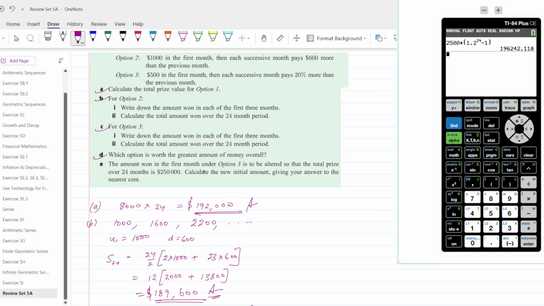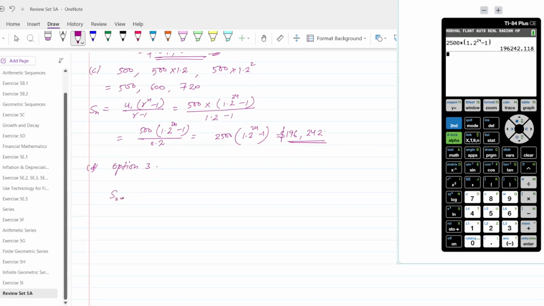The amount won in the first month under option 3 is to be altered so that the total price over 24 months is $250,000. Calculate the new initial amount, giving your answer to the nearest cent.